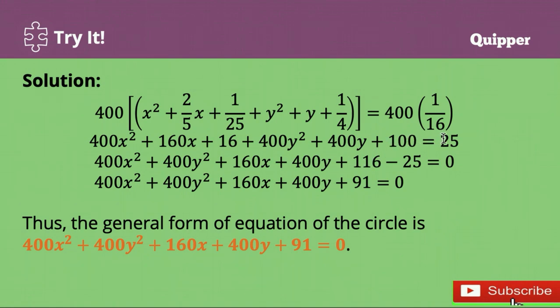Then transpose this 25 to the left side, so we have minus 25 and equate it to 0. 116 minus 25 is 91. Therefore, the general form of the equation of the circle is 400x² + 400y² + 160x + 400y + 91 = 0.